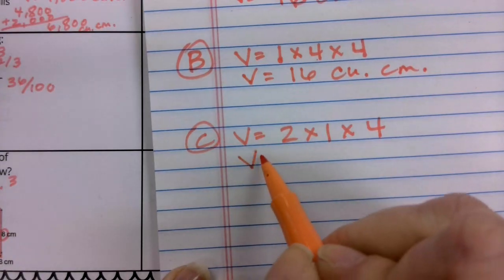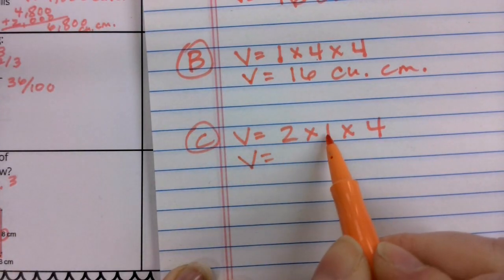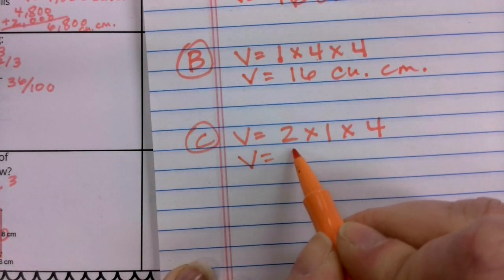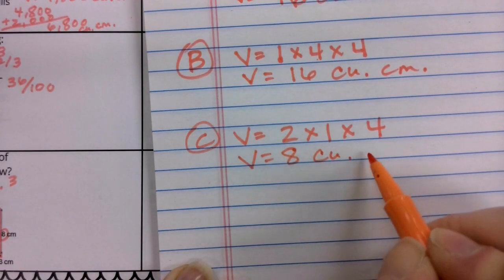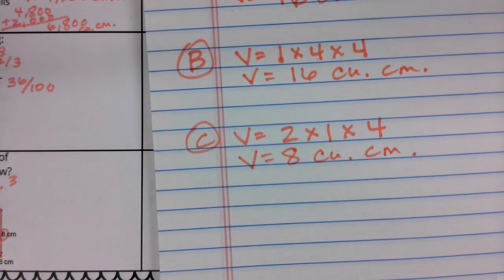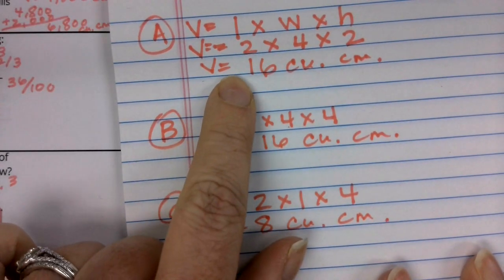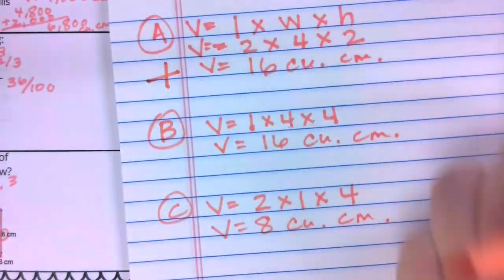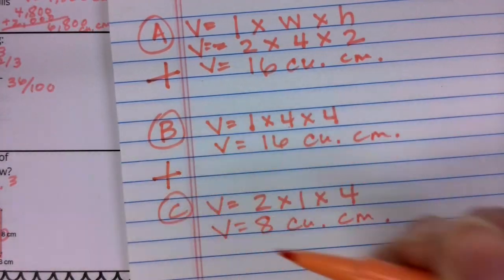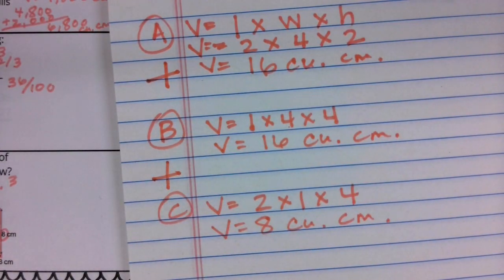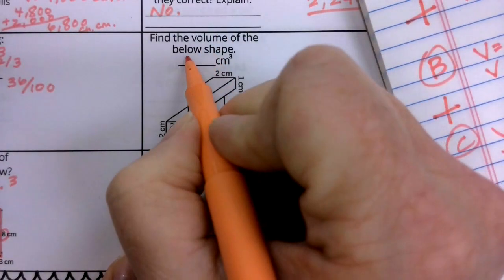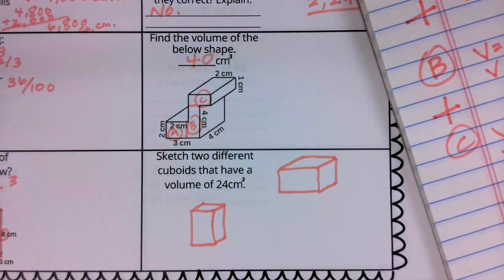So certainly I have that written out here. 2 times 1 is 2, times 4 is 8. So I shall write 8 cubic centimeters. Now, what do I do with those 3 numbers? I add them. I'm going to take 16 plus 16 plus 8, and that is going to give us, boys and girls, 40 cubic centimeters in all.